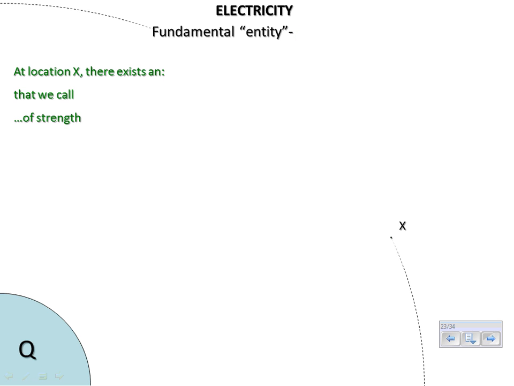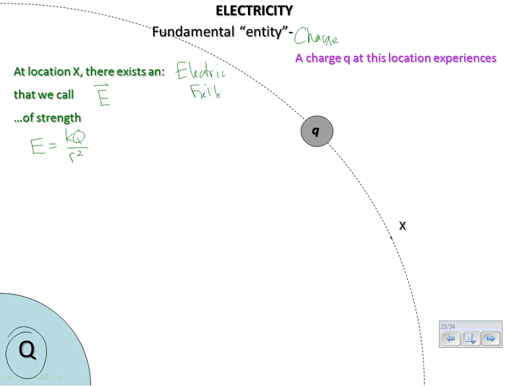Now, anywhere on this dotted line, there's an electric field of the same strength. We put a charge there. That charge experiences an electrostatic force that we can say is Q times E, or Q times K big Q over R squared.